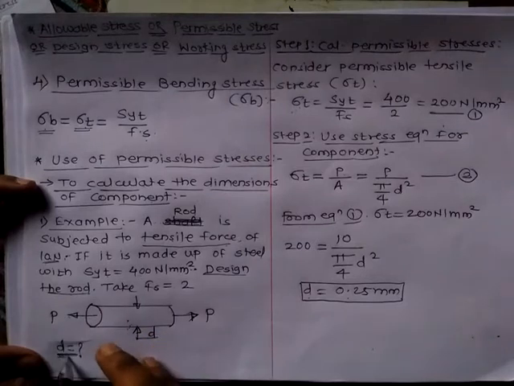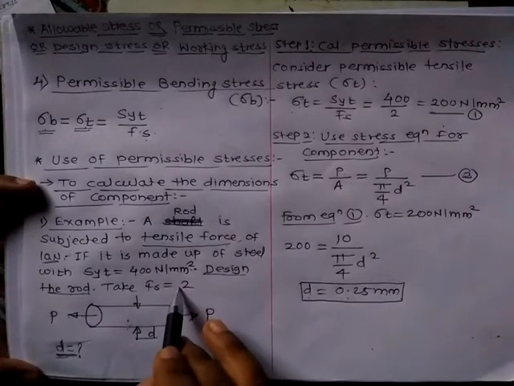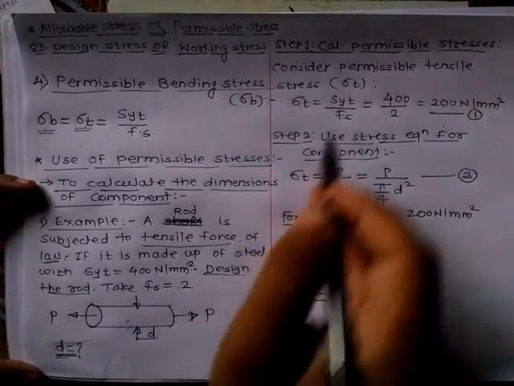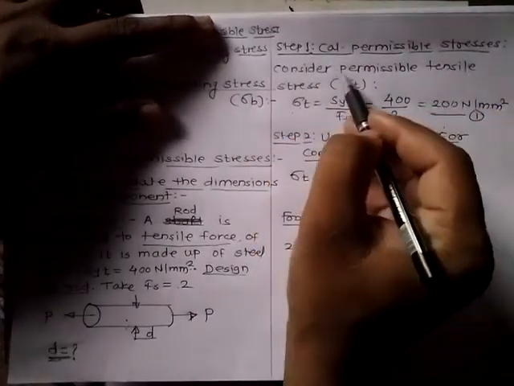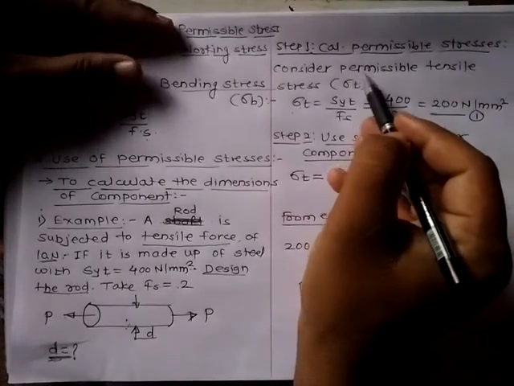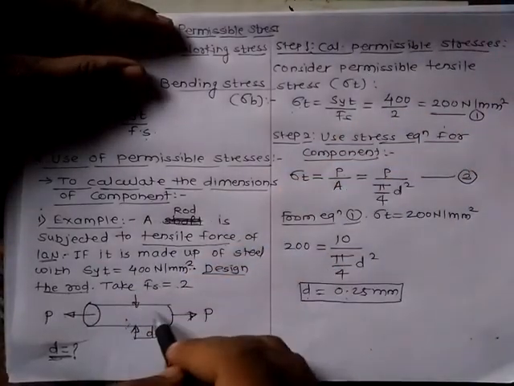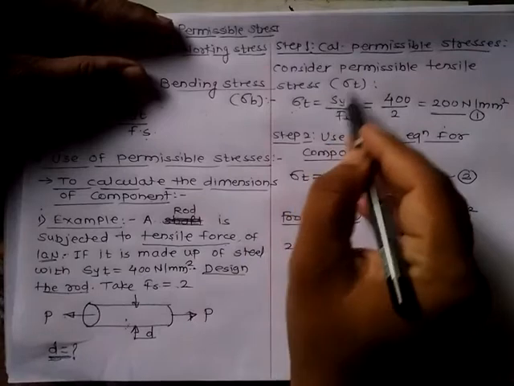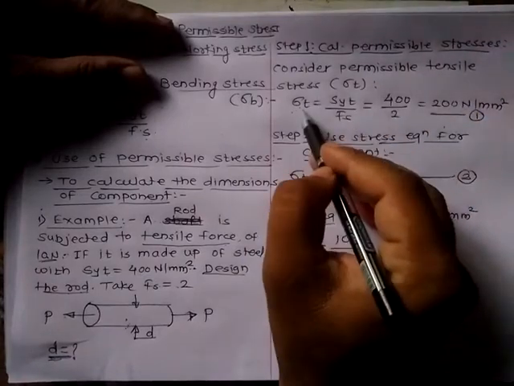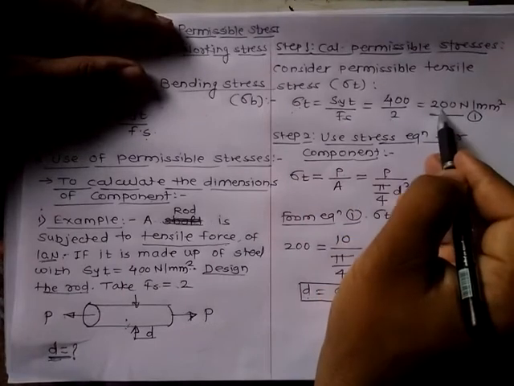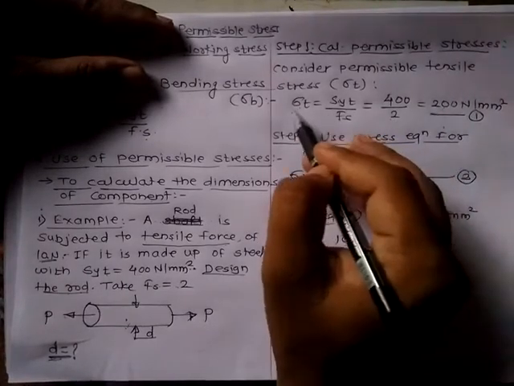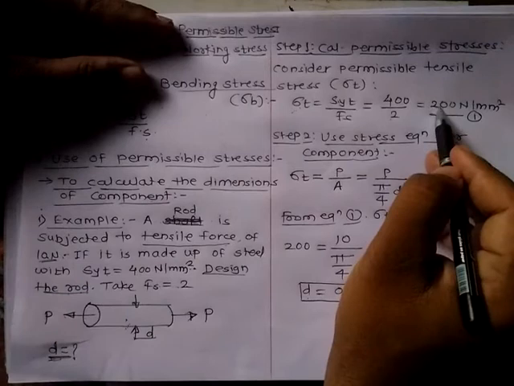That means we have to find the diameter of the rod by taking the factor of safety, which was given as 2. In the first step, we calculate the permissible stress, which depends on the type of stress. As the rod is subjected to tensile stress, we consider the permissible tensile stress equation, which is given by SYT upon Fs. SYT and Fs were given, so its answer was 200 Newton per mm square.